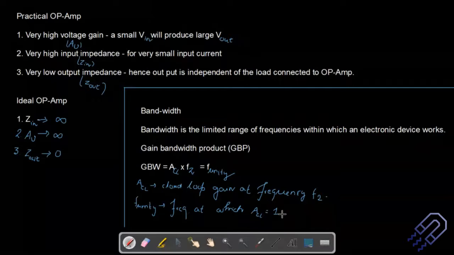So the frequency at which the closed loop gain is 1 is called F unity. The gain bandwidth product is a measure of the bandwidth based on the frequency. Depending on what kind of op-amp you use, you will get a particular closed loop gain, and based on this we can have this bandwidth.